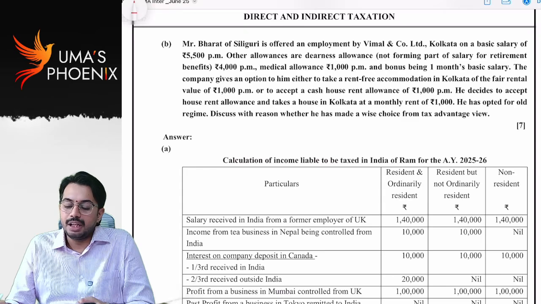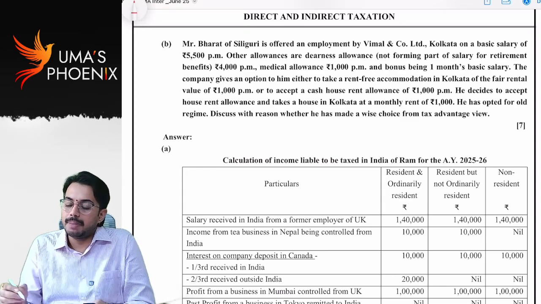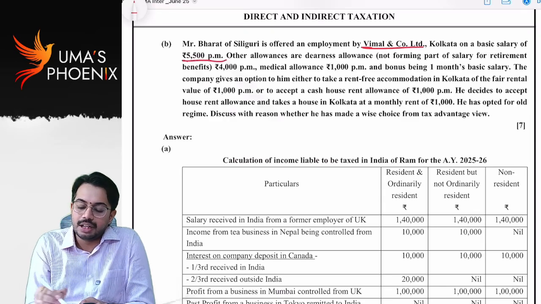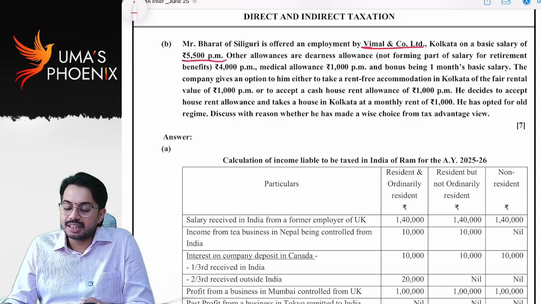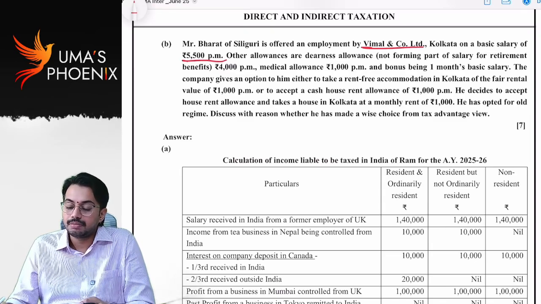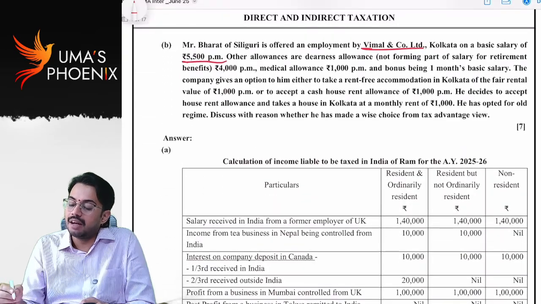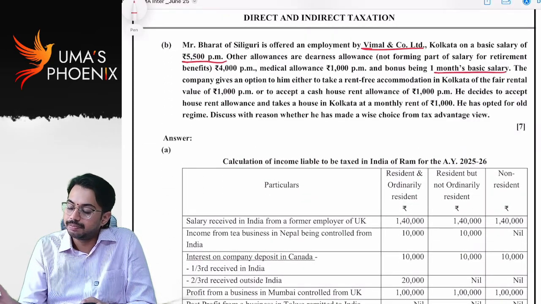Mr. Bharat of Siliguri is offered an employment by Vimal and Co. Limited, Kolkata, on a basic salary of 5,500 per month. Other allowances are dearness allowance not forming part of retirement benefits, 4,000 per month, medical allowance 1,000 per month, and bonus being 1 month's basic salary.